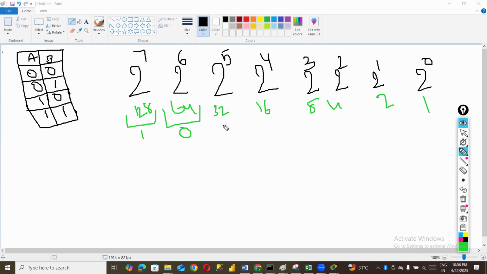For example, to calculate the minimum value, let's see how we identified the minimum value and maximum range. Initially we took all zeros, then we took all ones. So now to identify the minimum value, we will take all zeros. Just multiply 1 into 128, 128 plus all zeros.